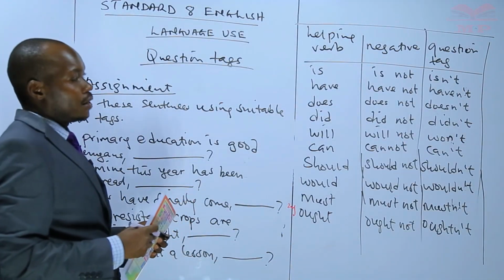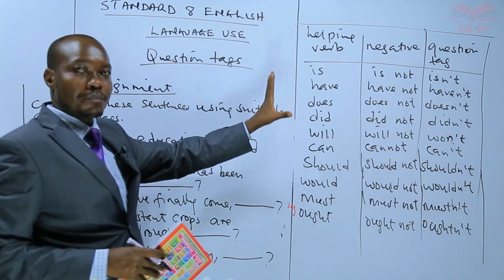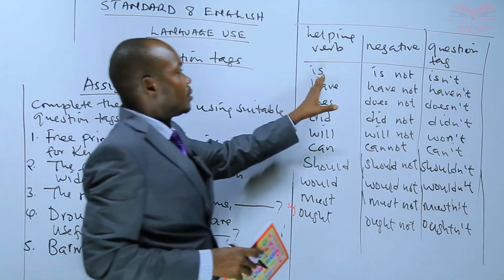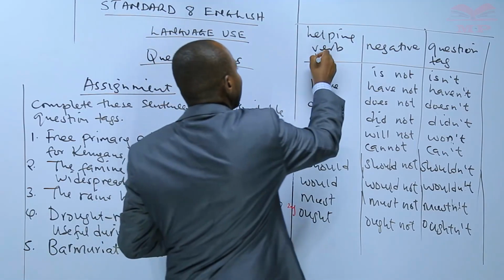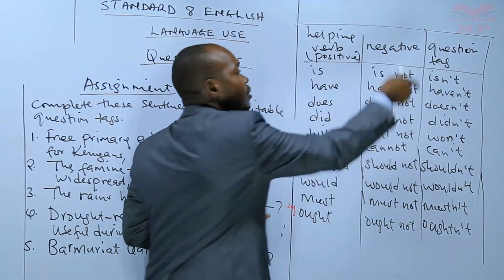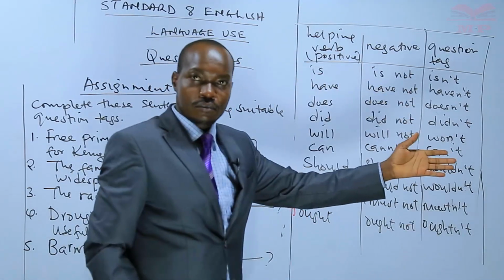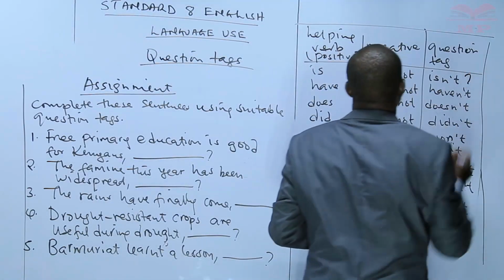My dear learner, these are the negative, the helping verbs, not all of them. Is positive. So can you add here positive? The negative is not, you just add not. Question tag isn't. Of course, we're going to have a question at the end.